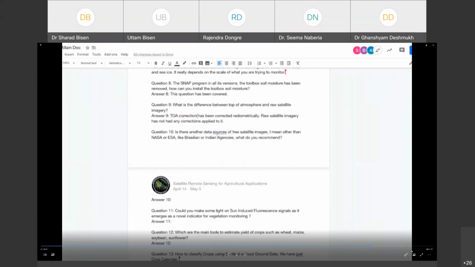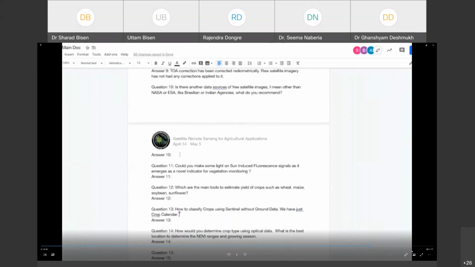Question 10, are there other data sources of free satellite images? I mean, other than NASA or ESA, like Brazilian or Indian agencies, what do you recommend? Yes, there are other sources besides NASA and ESA. ISRO has some good ones. LISS is a really good sensor that I believe they're on the 4th satellite of that mission now. And that provides, I think, 56-meter spatial resolution, and that's accessible.